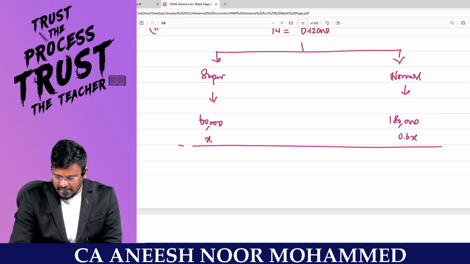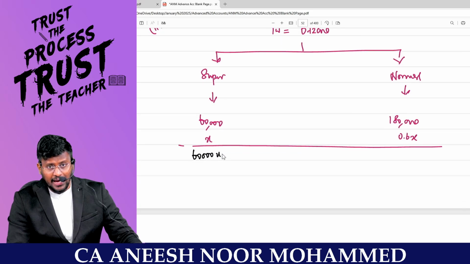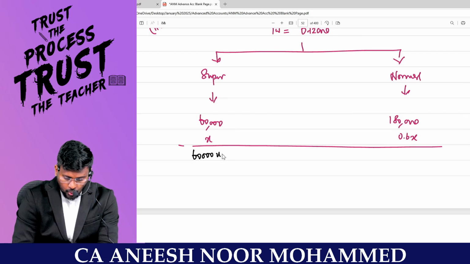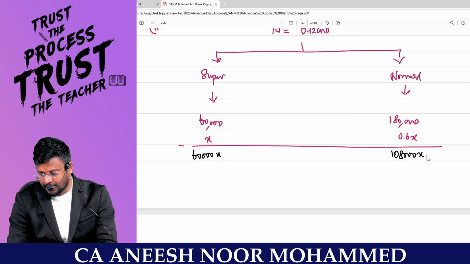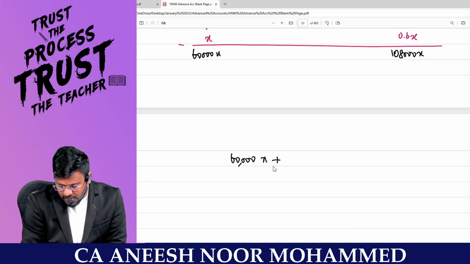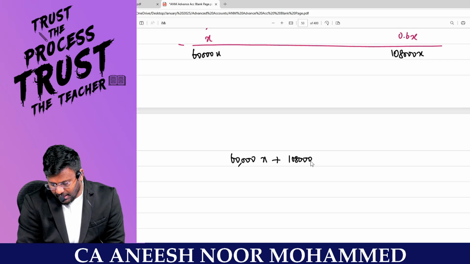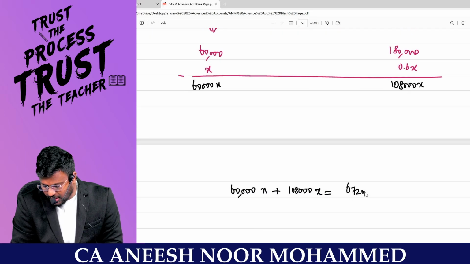Sir, 60,000 into x will be 60,000x. 1,80,000 into 0.6x will be 1,08,000x. Getting it? So 60,000x plus 1,08,000x is equal to 6,72,000.